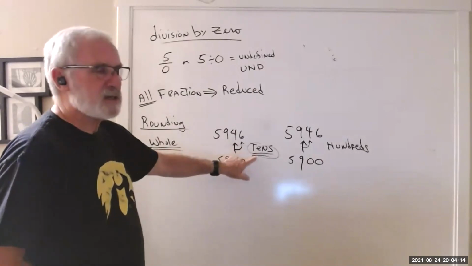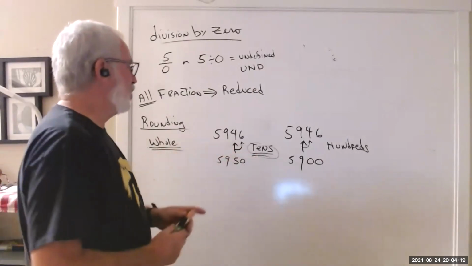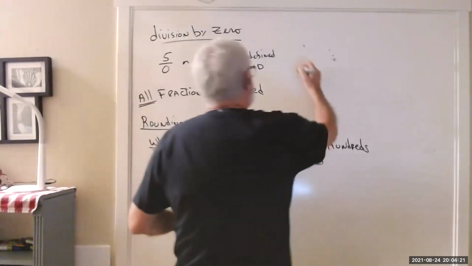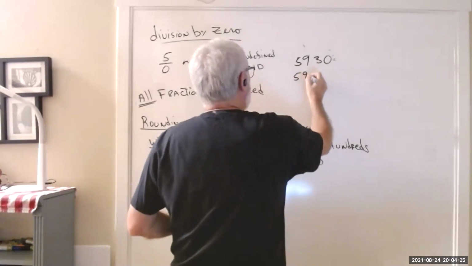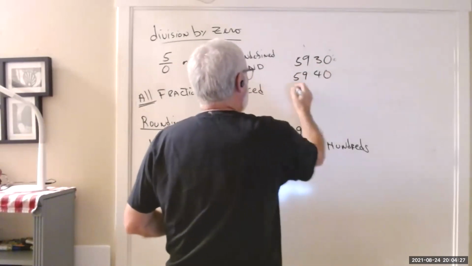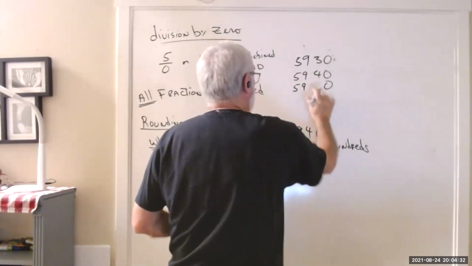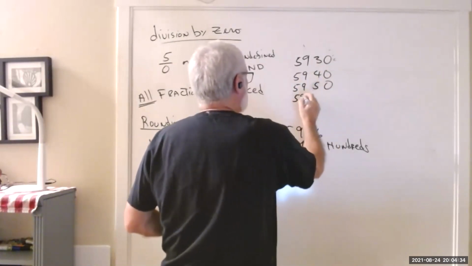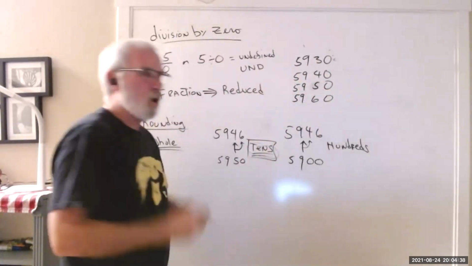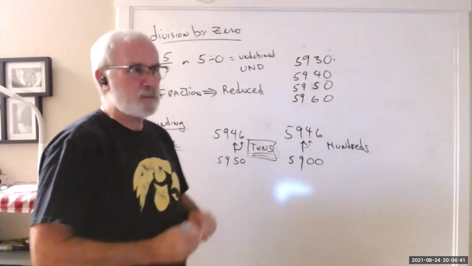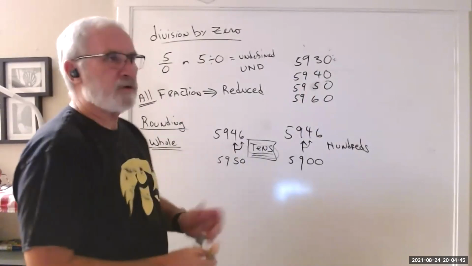But when we say round to the tens, we're talking about counting by tens. So we have 5,930, 5,940, 5,950, 5,960. When we say round to the tens, we're technically saying count by tens, and then figure out where this fits.